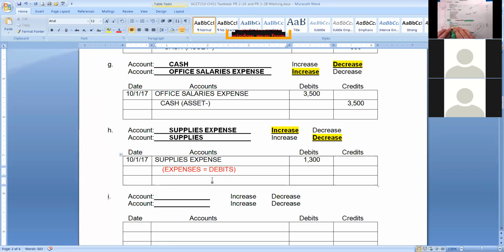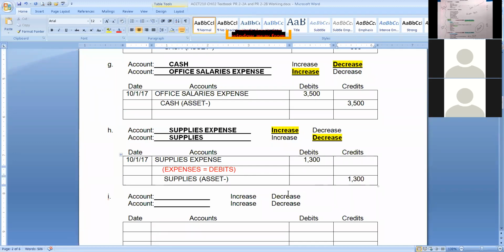So we have less supplies now. We've used up 1,300 of supplies. Again, it's not cash going out the door, it's supplies going out the door.